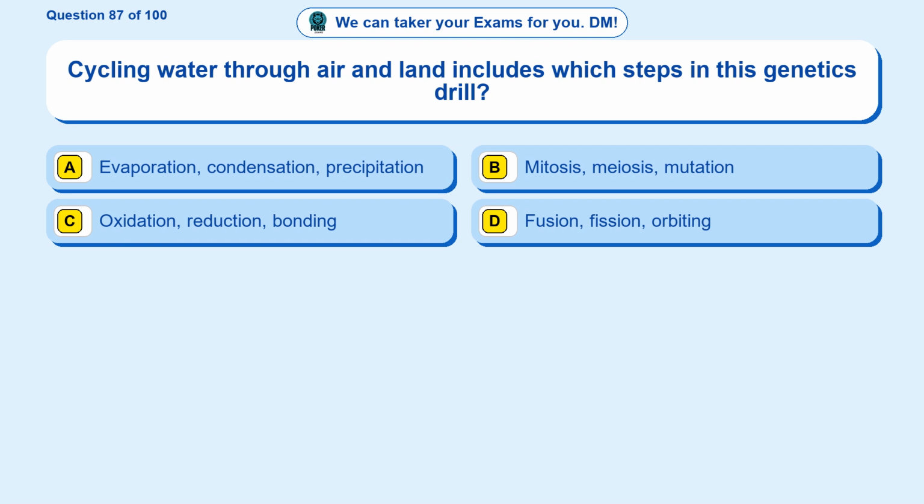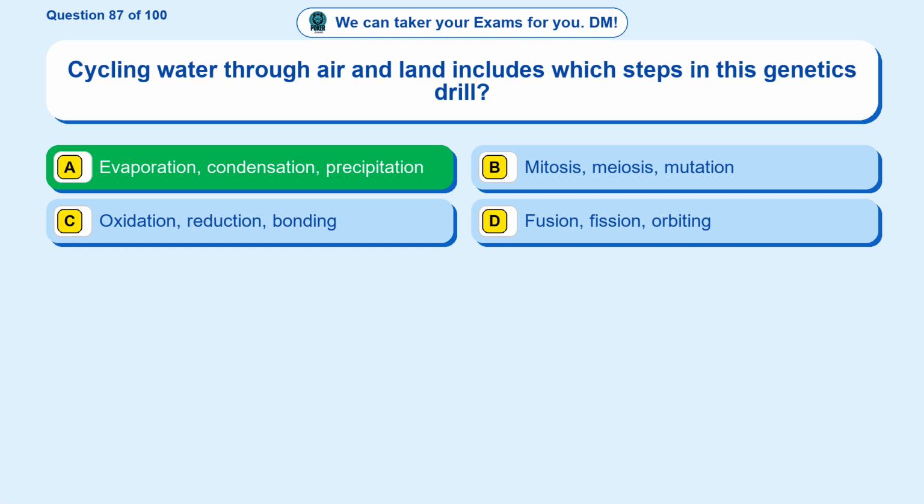Question 87. Cycling water through air and land includes which steps in this genetics drill? Option A, evaporation, condensation, precipitation. Option B, mitosis, meiosis, mutation. Option C, oxidation, reduction, bonding. Option D, fusion, fission, orbiting.